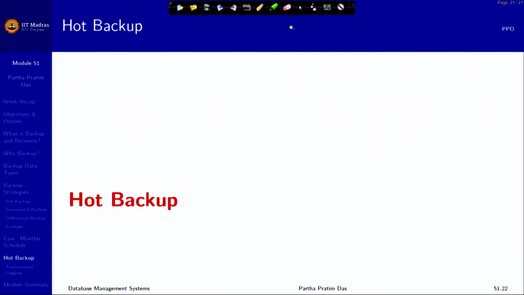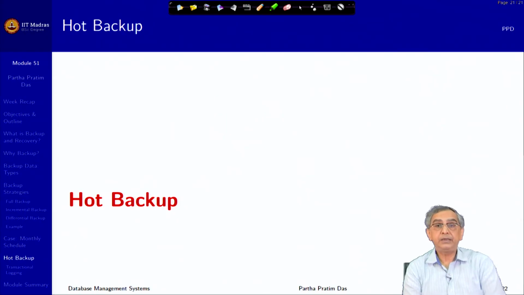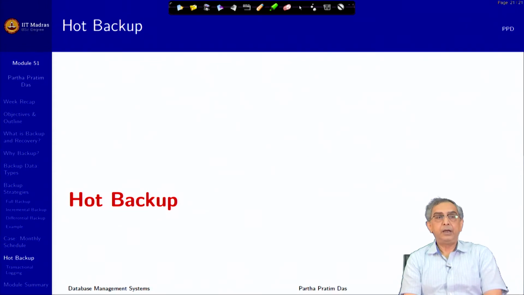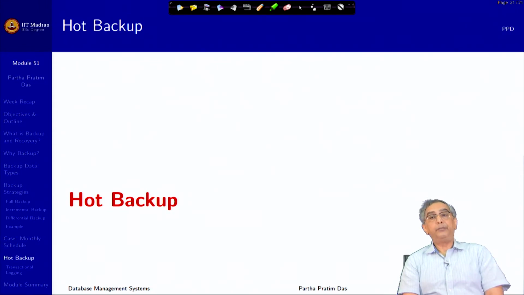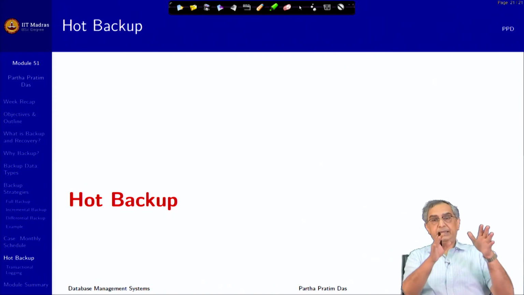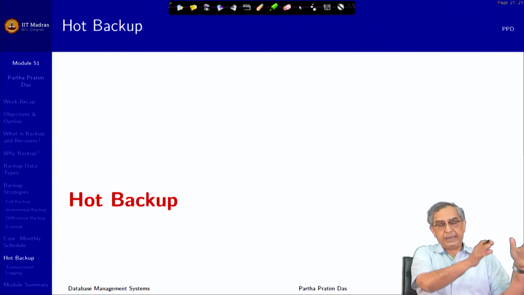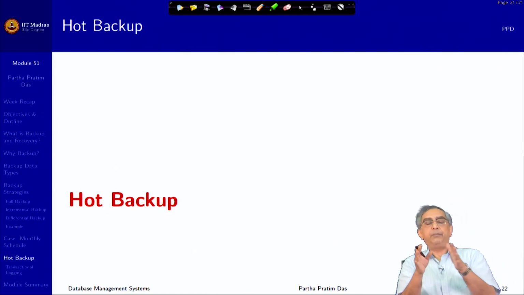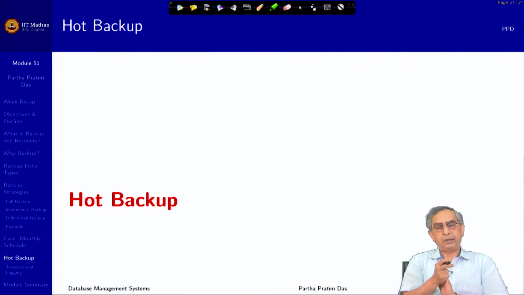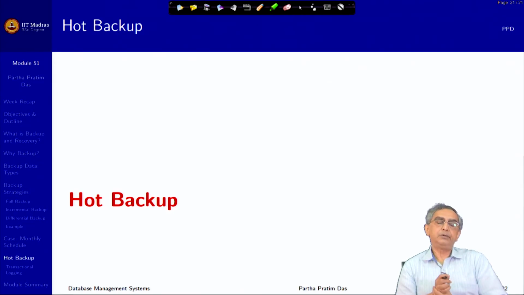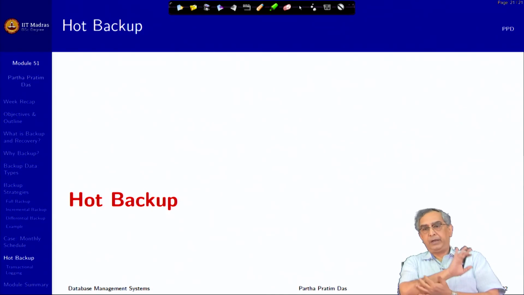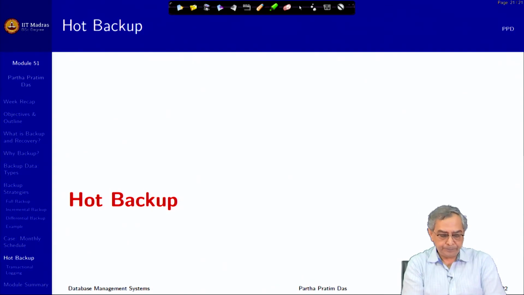So, till this point, all that we talked of is backing up the data that exists in the disk. Right? And typically this will be called a cold backup. That is, we are saying that we will do the backup when we can take the system off, do the backup, put the system on, or maybe just allow the system to run on a minimal skeleton for some urgent work in a limited way, but otherwise you are just backing up.